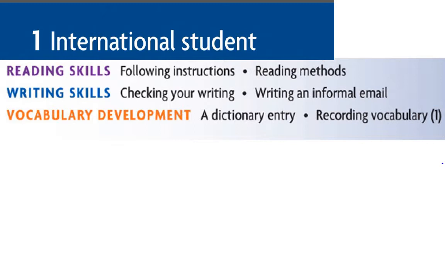In the second lecture, we will also cover the writing skills section, which contains two parts. The first one is checking your writing. The aim of this section is to encourage students to be critical of their own written work and to develop the habit of checking their own work systematically, in this case for errors of punctuation and spelling.